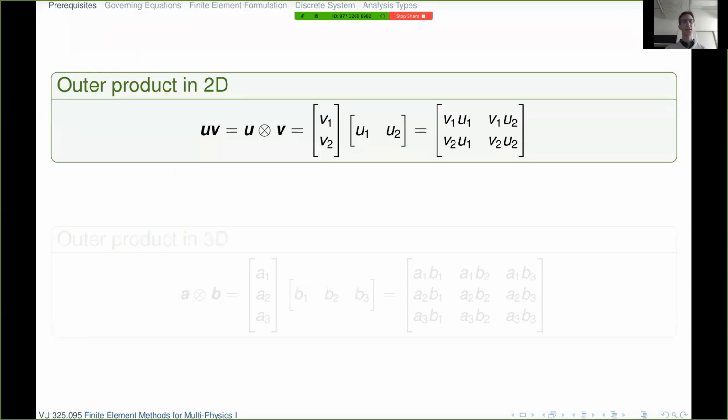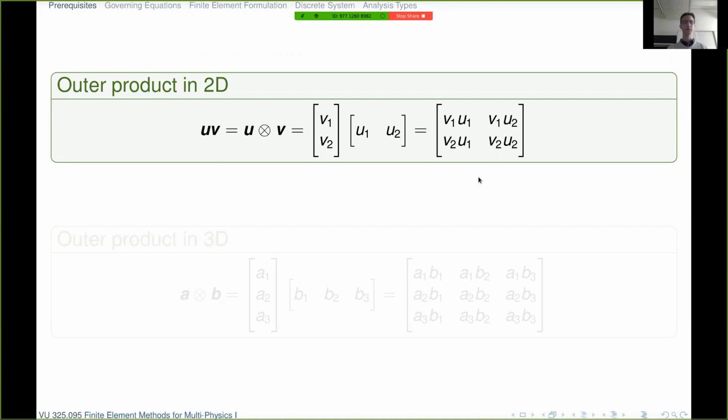So let's look at an example, the outer product in 2D. We have two vectors with two components. So the vector V has components V1 and V2. And if you write them one as a column form and one as a row form, and you do the matrix product, you obtain the outer product, which is then a matrix with the component products. So V1 U1 at the position 1, 1, and V1 U2 at the position 1, 2, and so forth.